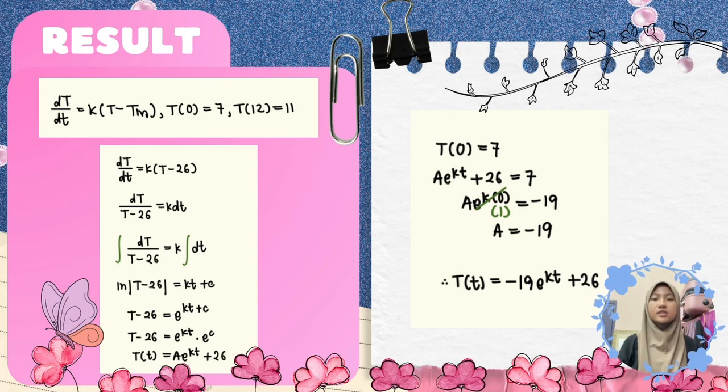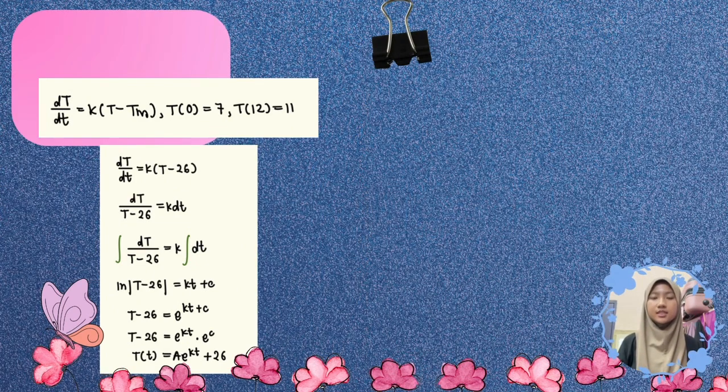Next, when the time is 0 minutes, the temperature is 7 Celsius. So, we substitute 0 into the equation, A e to the power of kt plus 26 equal to 7. We get A equal to negative 19. Then, the temperature at time t is negative 19 e to the power of kt plus 26.